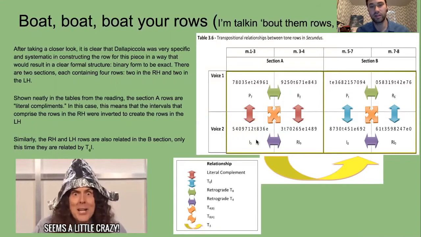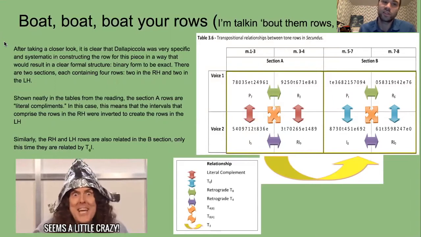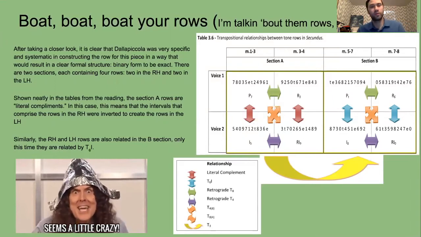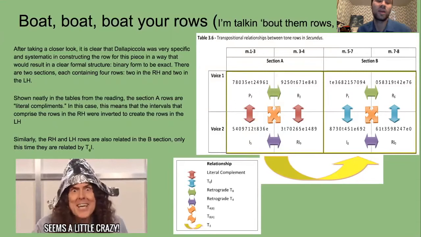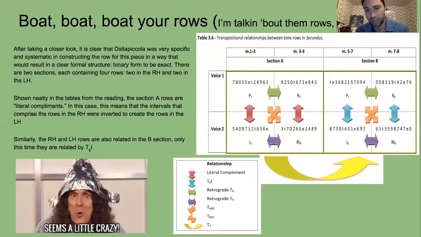That's the right hand and the left hand. So after taking a closer look, it is clear that Dallapiccola was very specific and systematic in constructing the rows for this piece in a way that would result in a clear formal structure, and we're going to find that that's binary form. There are 2 sections, each containing 4 rows, 2 in the right hand and 2 in the left hand.